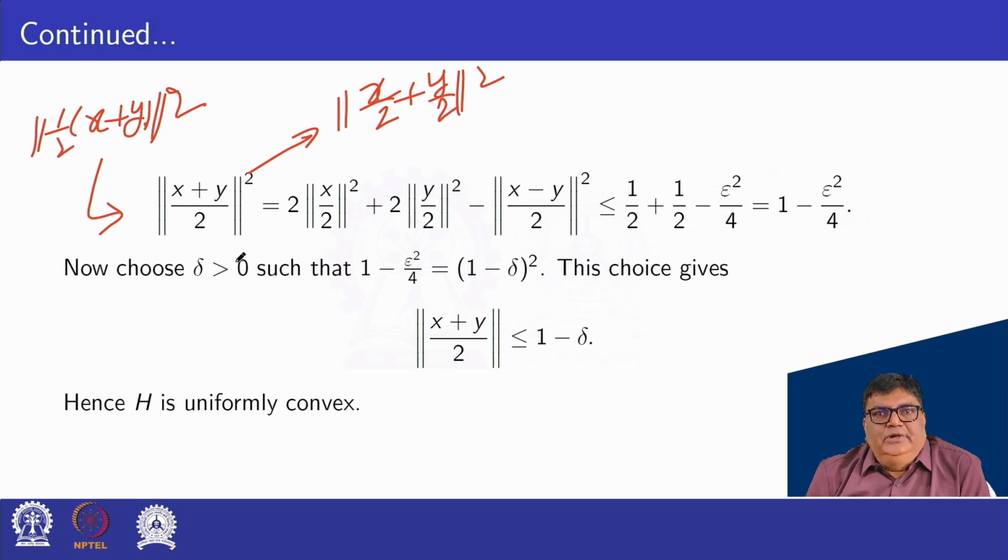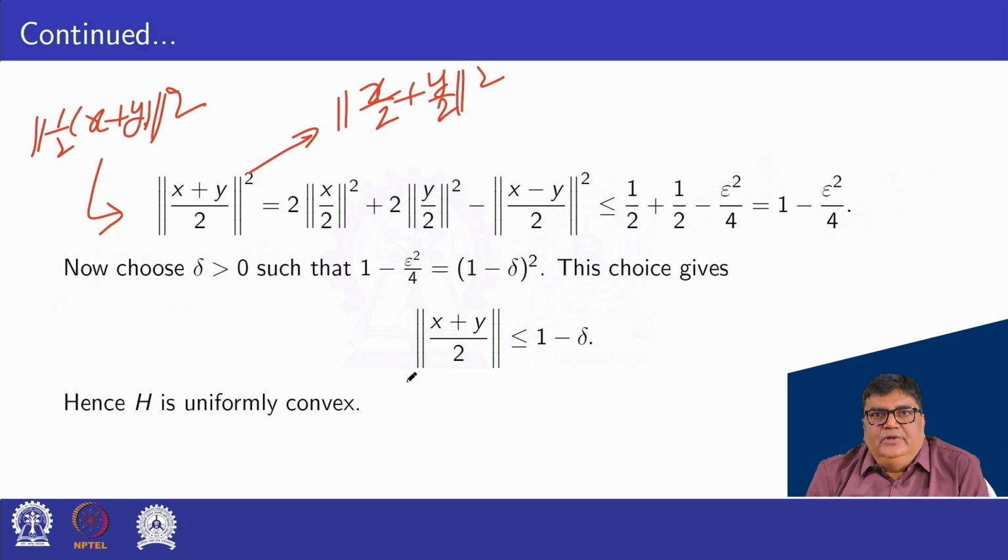Now choose delta greater than 0 such that 1 minus epsilon squared by 4 equals 1 minus delta squared. This choice gives norm of x plus y by 2 squared less than or equal to the square of 1 minus delta.